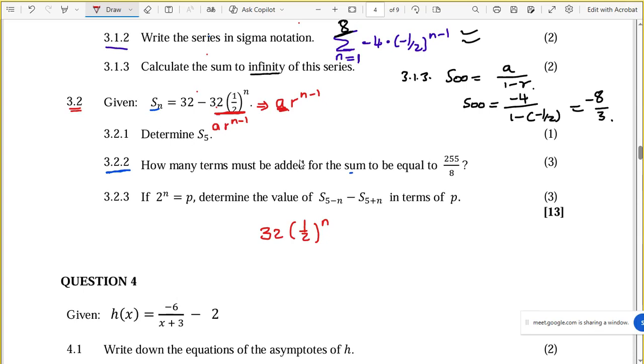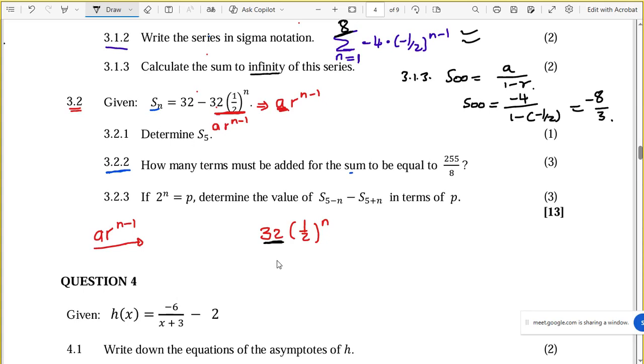I need to see if I can write this in the form of A R to the power n minus 1. Then we'll definitely know the value of A. So now, can someone tell me what 32 is? That is 2 to the power 5.